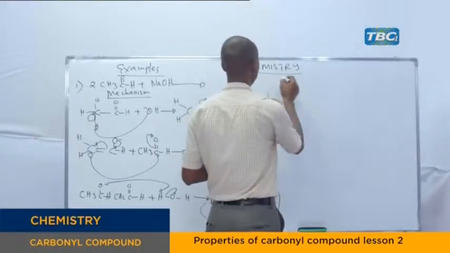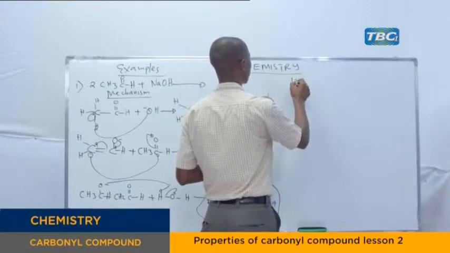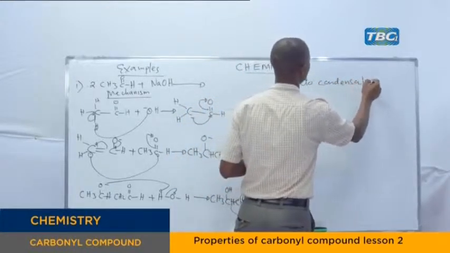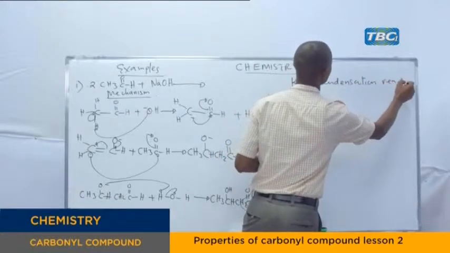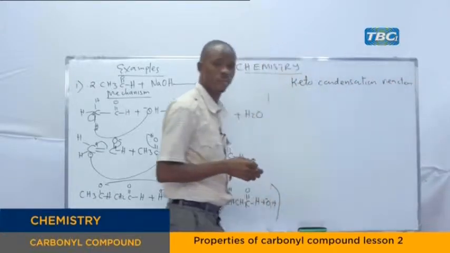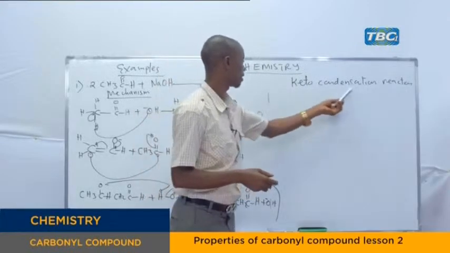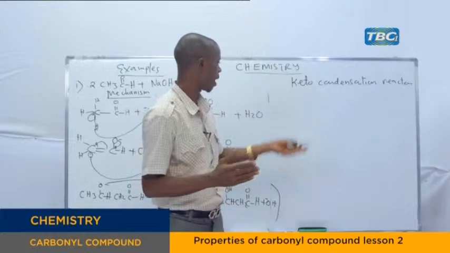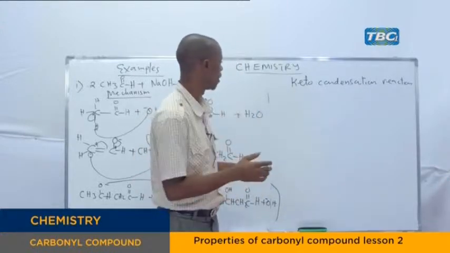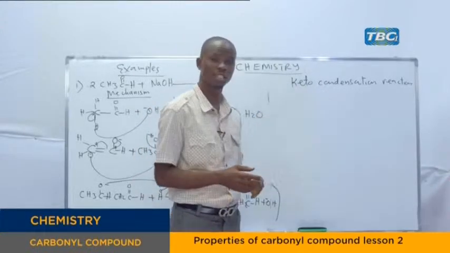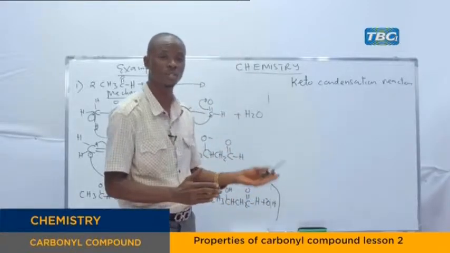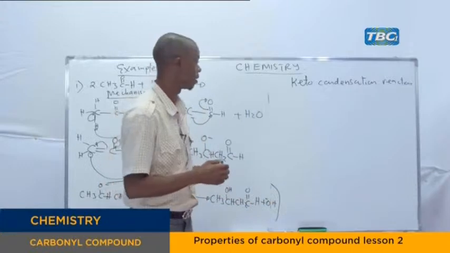Now, my dear student, let's go to keto condensation reaction. When we talk about keto condensation reaction, that means ketones with alpha hydrogen atoms are the ones involved. They react with alkaline solution, that is sodium hydroxide, to give the compound which contains both groups, hydroxyl group and carbonyl group.